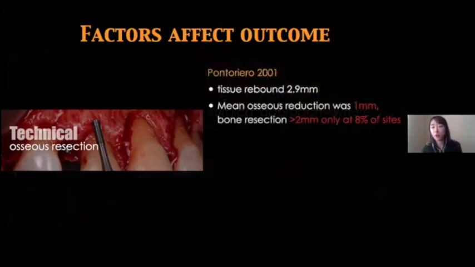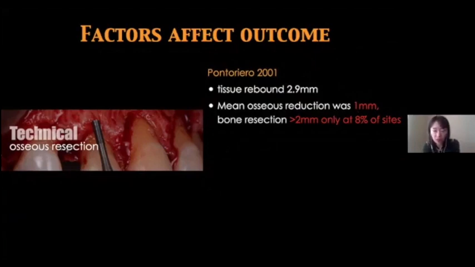And if we look back at the article I mentioned by Ponteraro, it shows the tissue rebound is 2.9 millimeters, which is almost 3 millimeters. If you look into this article in detail, you will see the mean osseous reduction was just 1 millimeter, and a bone resection of more than 2 millimeters only happened at 8% of the sites.